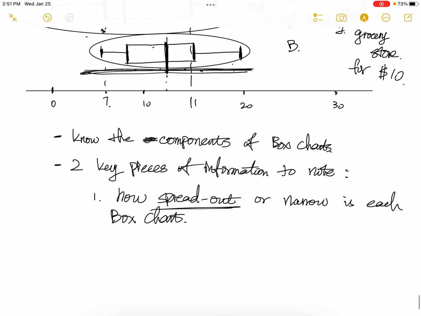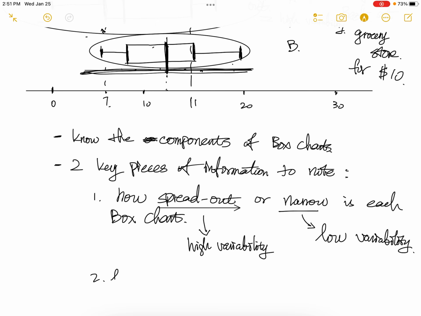So spread out means high variability, and narrow means low variability.